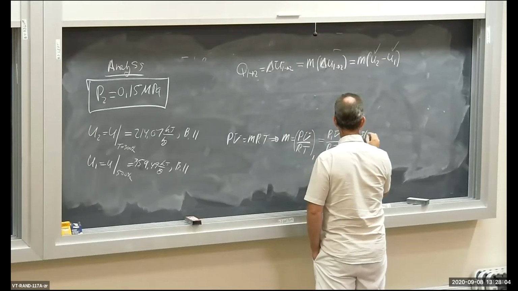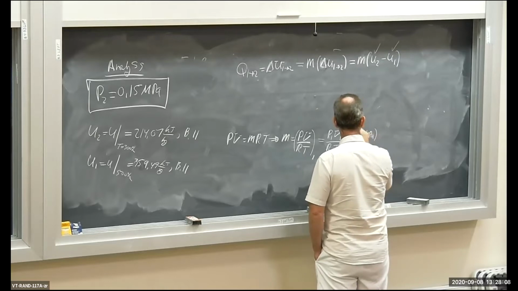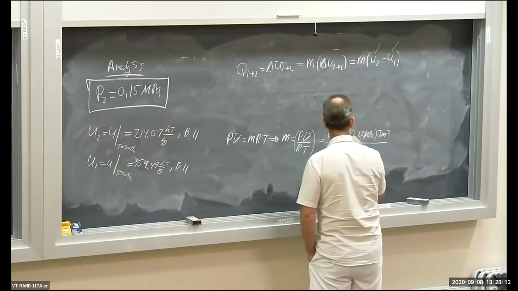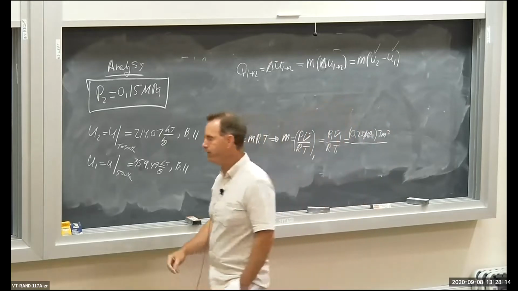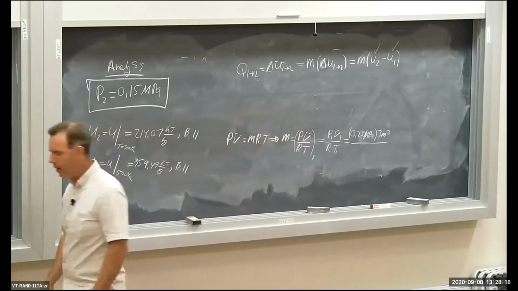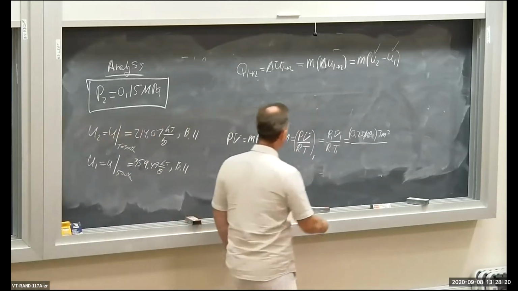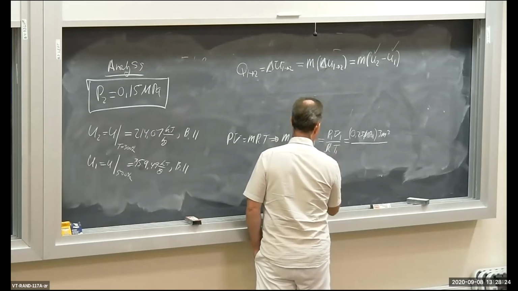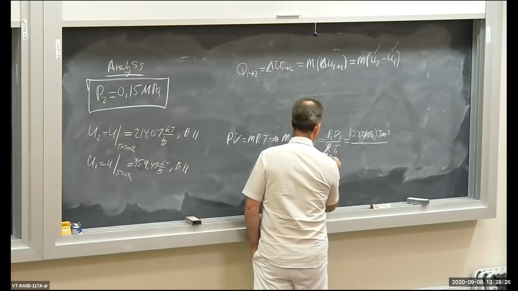The gas constant for air is going to be the universal gas constant divided by the molecular weight for the air.